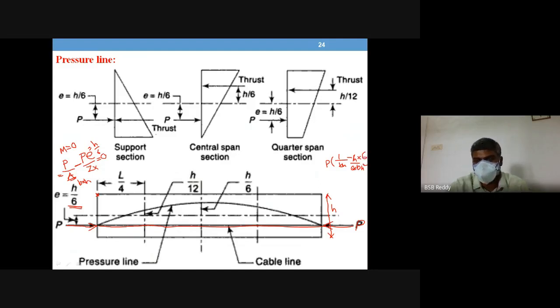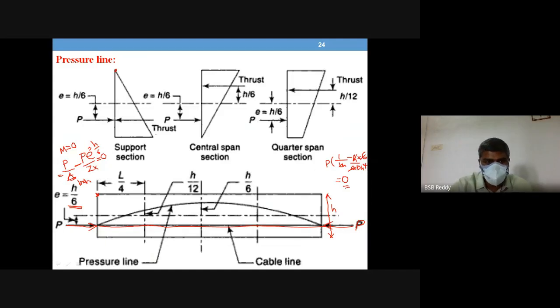So 6 to the numerator, 6 has gone. H gone. 1 by BH minus 1 by BH. So what is the stress value at top? 0. That is what you can see here. Stress at top is 0.